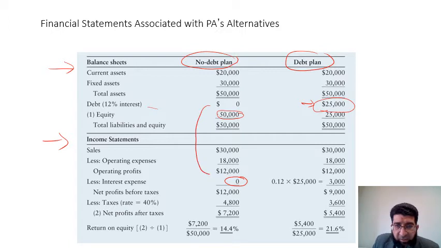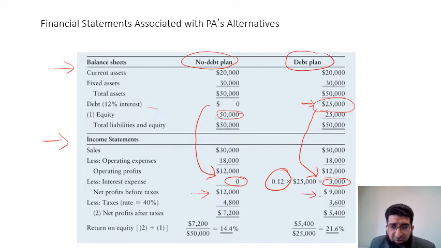But here we have a debt, so we will have an interest also at 12%, and that comes out to be $3,000. Now this reduces the net profits before taxes to 9,000, and with no debt plan we have 12,000. Now it appears that net profit before taxes is reduced, and it's a bad thing if we borrow.